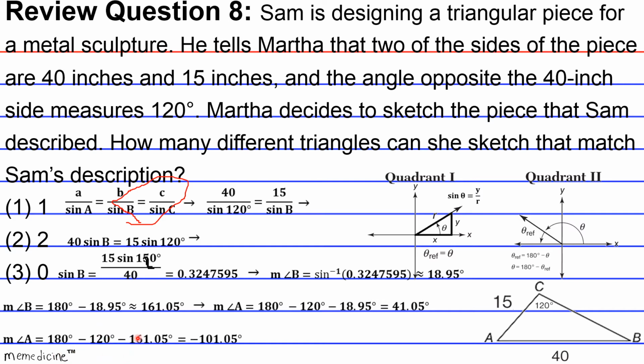And the answer is negative 101.05. A second triangle is not a possibility. So remember that in the ambiguous case, you can only have 0, 1, or 2 triangles possible based on the given information of two sides and a non-included angle. Therefore, the correct answer choice is going to be answer choice 1.